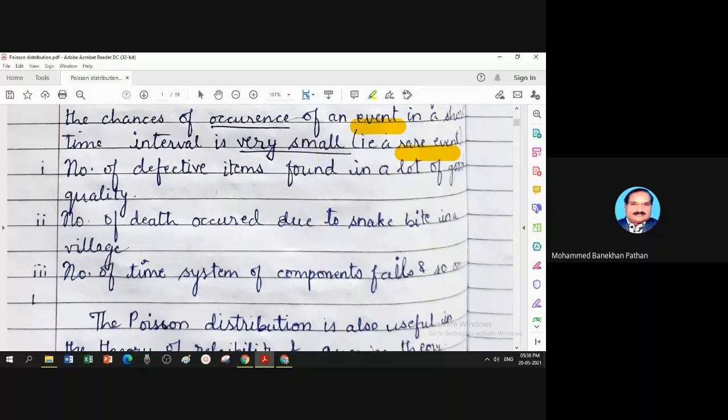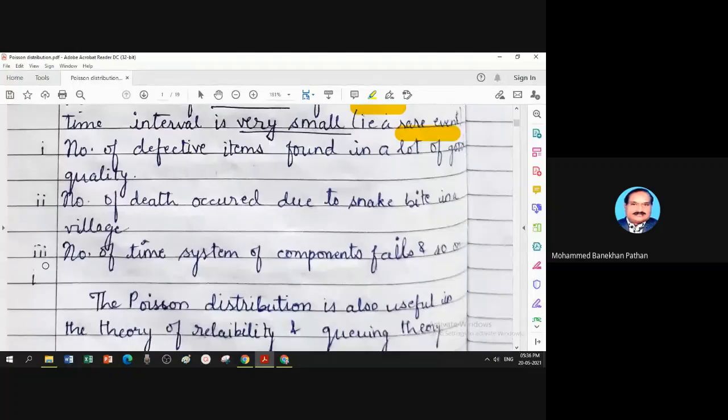So you can study this situation with the help of Poisson. Third example, the number of times a system or component fails, and so on. So these are the 3 examples which give a guideline on when to apply the Poisson distribution.